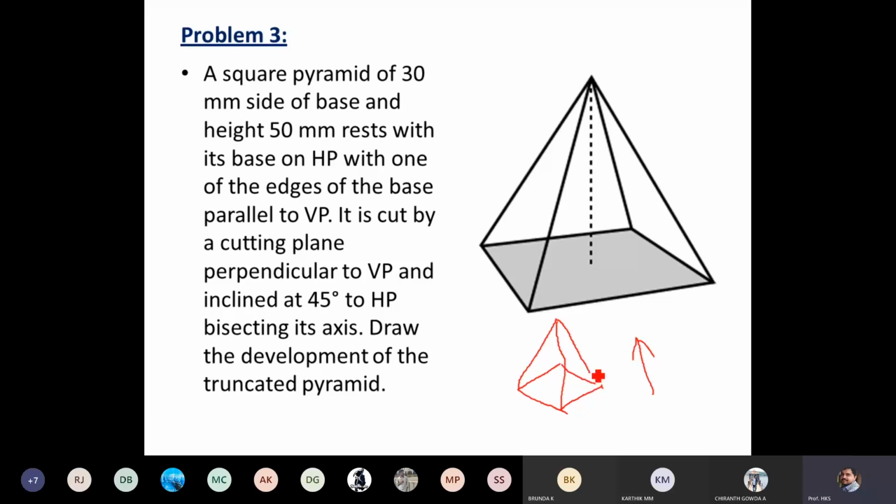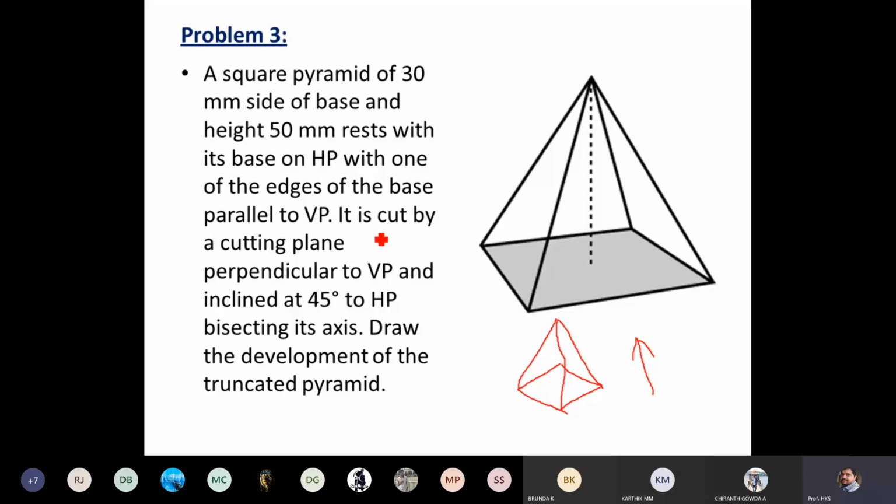But here the given condition is that the pyramid rests with its base on HP with one of the edges of the base parallel to VP. That's why you have to keep it like this. If you make one edge parallel, then obviously two edges will become parallel to VP.